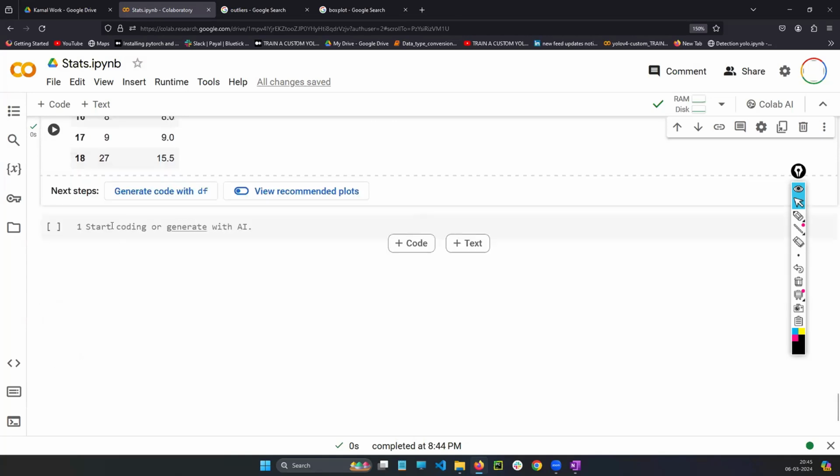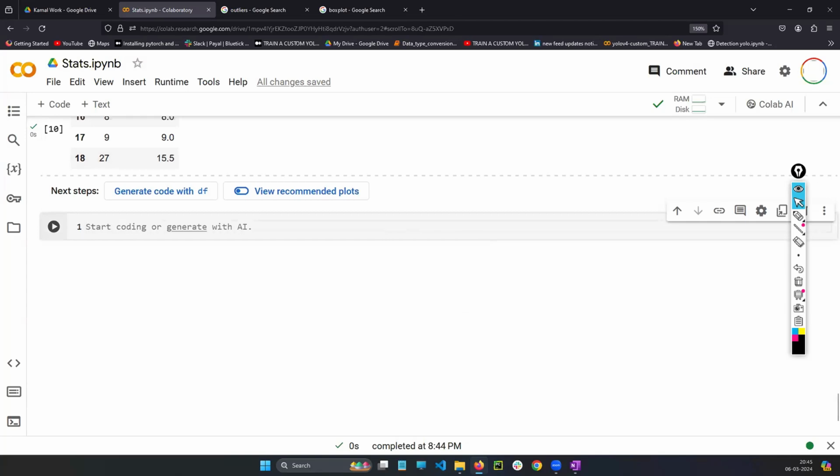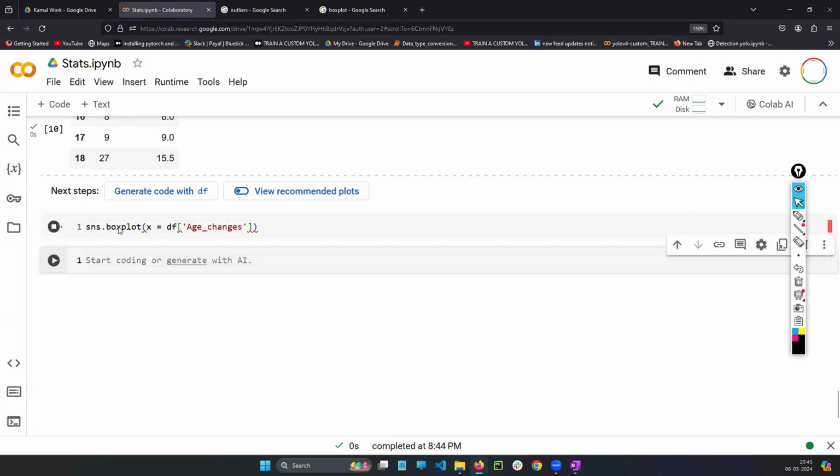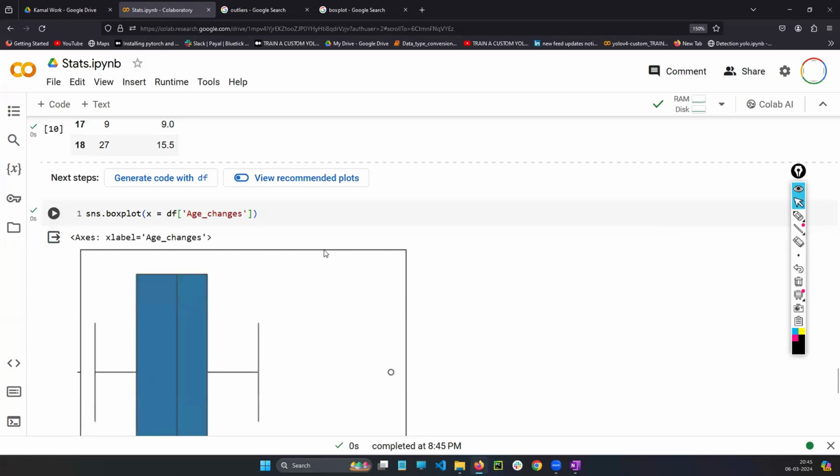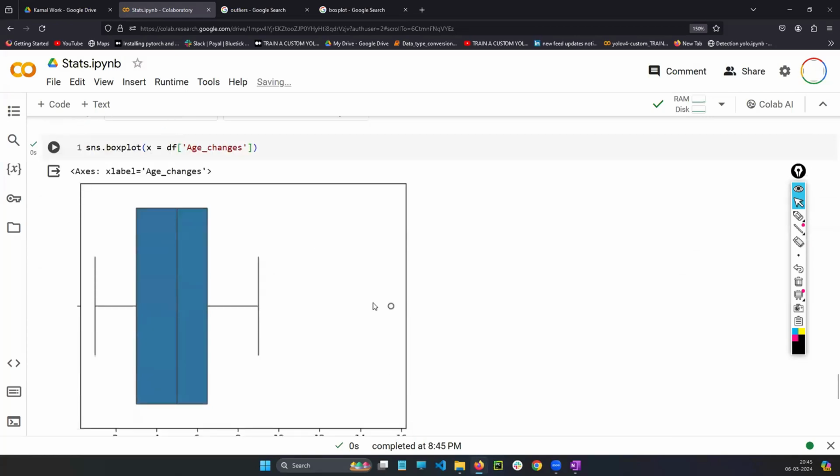Now if I apply the box plot, using the C1, I'm going to apply the box plot for the particular column. What is the column? Age. See, age changes. For this column, I'm going to apply the box plot. Now if I show, just give me a minute.